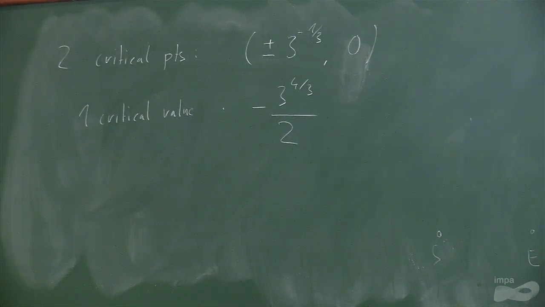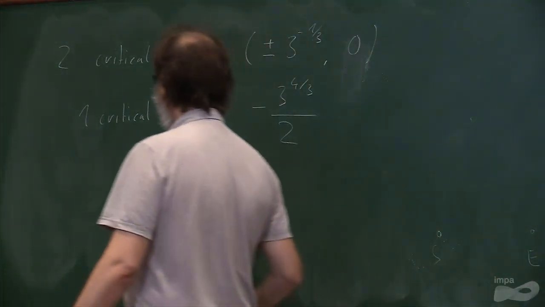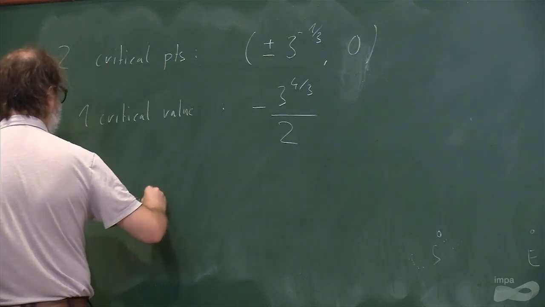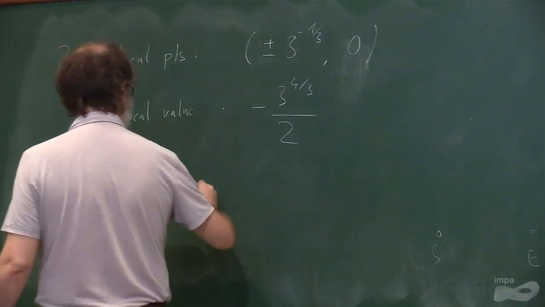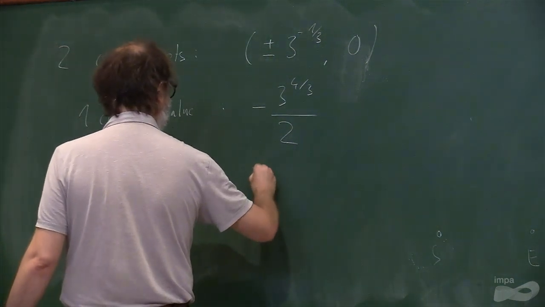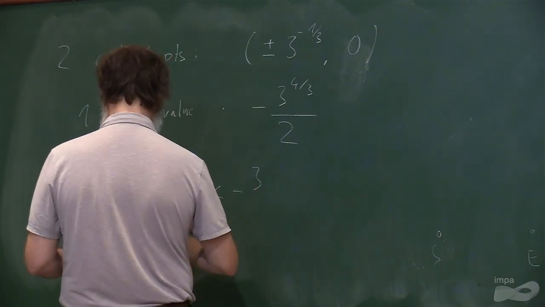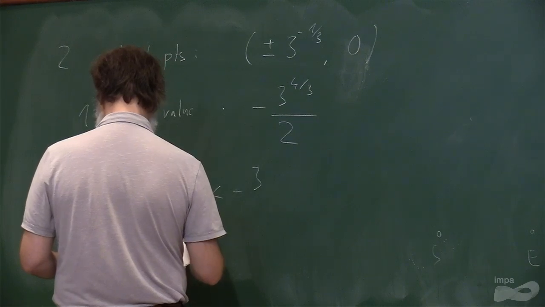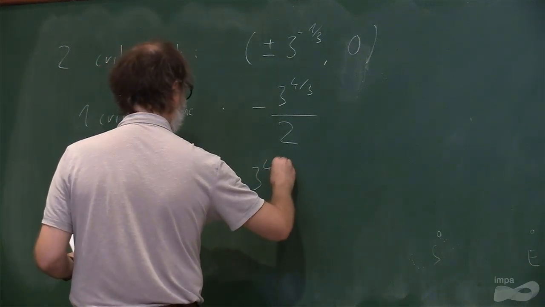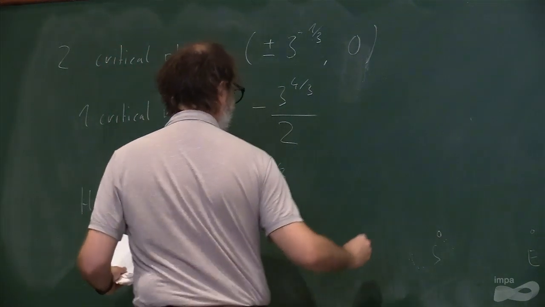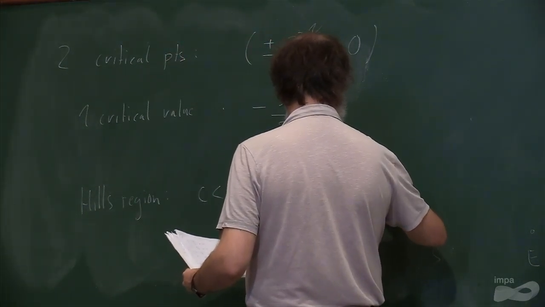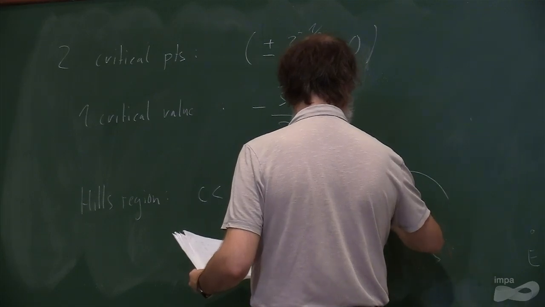And then the Hill's region, if C is less than minus 3^(4/3)/2, it looks like this.